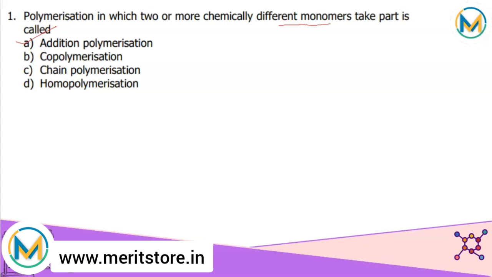So here also we need only a single type of monomer which contains pi bonds. So we can break that pi bond and make a long chain. And homopolymerization is the polymerization of a single type of monomer to form a homopolymer. Homo means same. So same monomer again. So the correct answer is only addition polymerization.